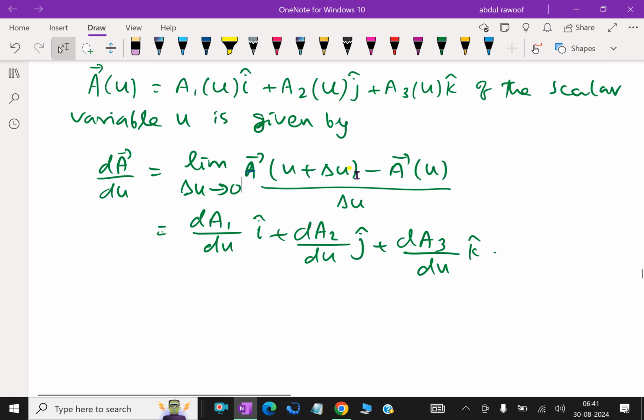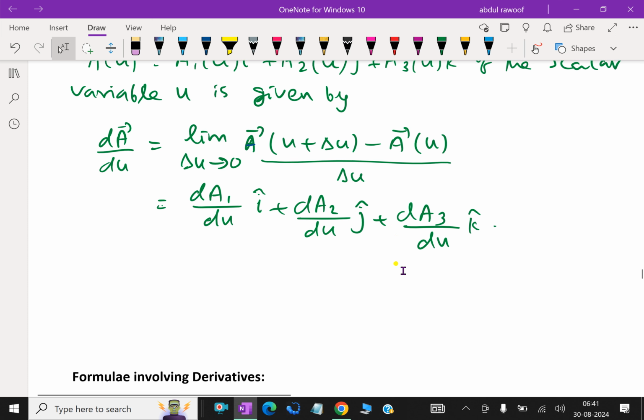This is the general definition for differentiation of a vector, which we can further write as dA1 by du i vector plus dA2 by du j vector plus dA3 by du k vector.